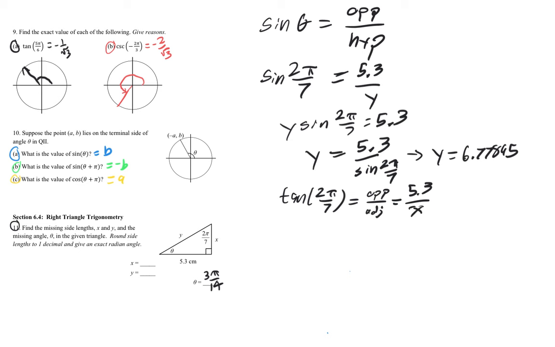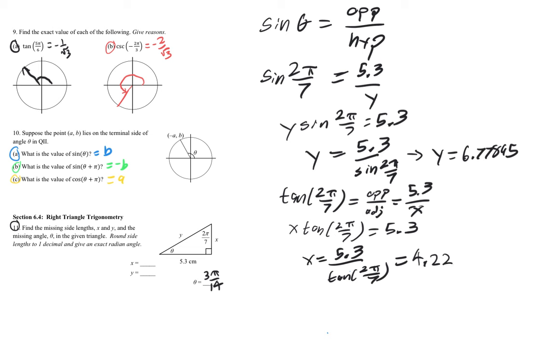So to solve for x, we multiply the x over, so x times tangent of 2 pi over 7 is equal to 5.3, so x is equal to 5.3 divided by tangent of 2 pi over 7, which is equal to 4.2266. Remember, these are both in centimeters. And when we write our final answer, it wants us to round to 1 decimal place, so we're going to have 4.2 centimeters and 6.8 centimeters.